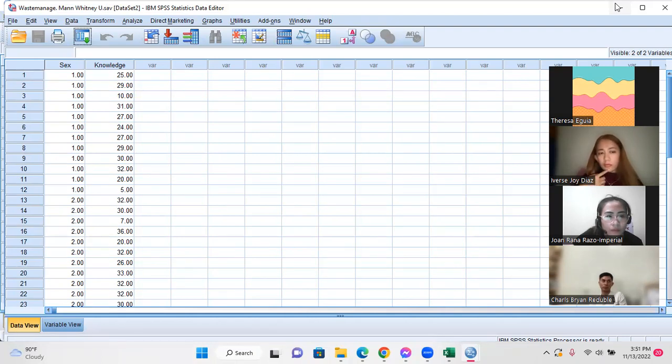May magkakaroon ng problema sa interpretation. Nakatry na ako niyan eh. Kasi nagkamali ako ng lagay. Instead of scale, ang nilagay ko ay nominal. So, mali ang interpretation niya.